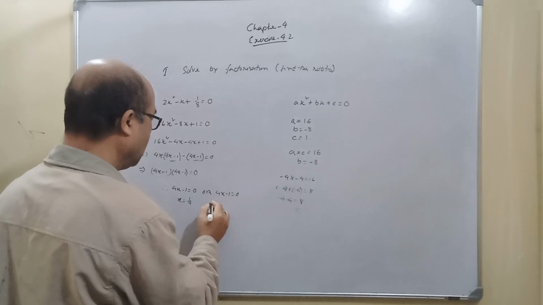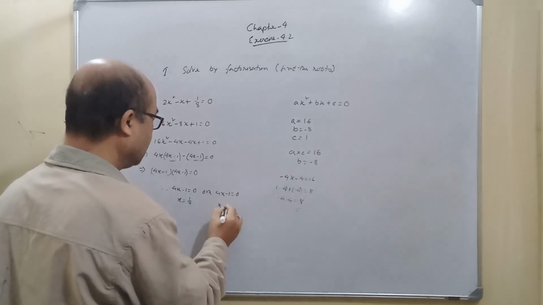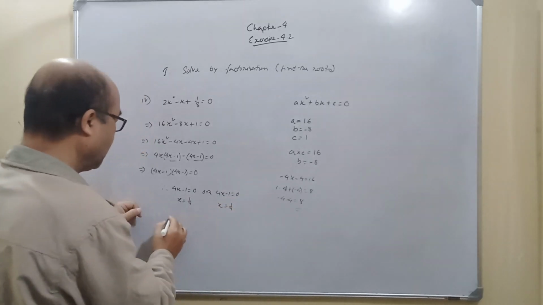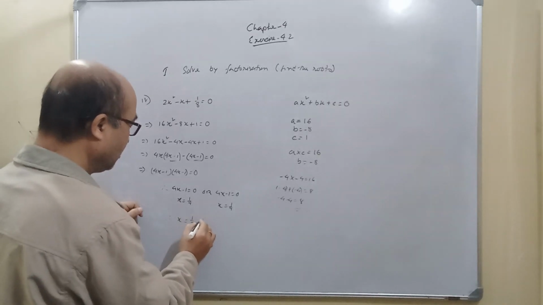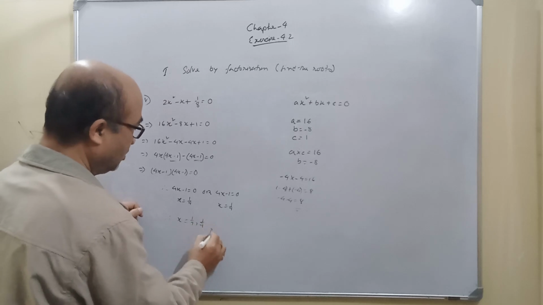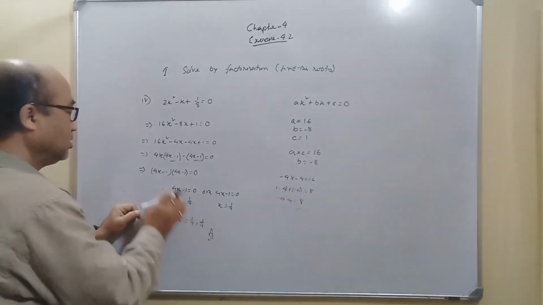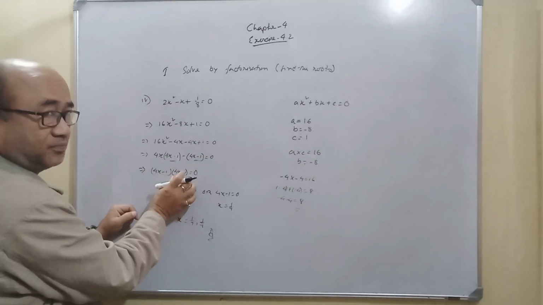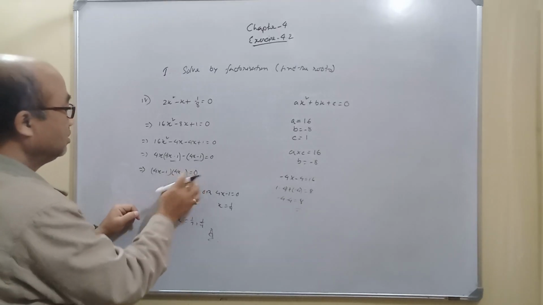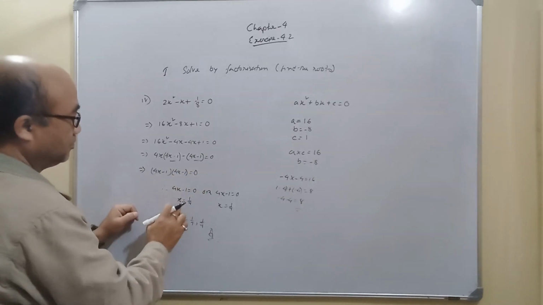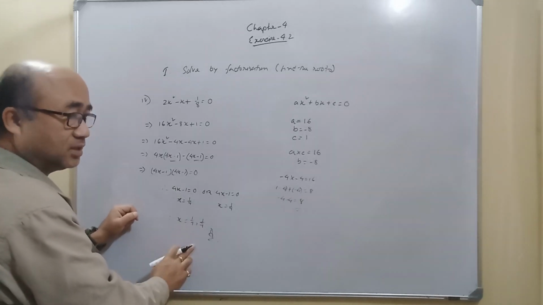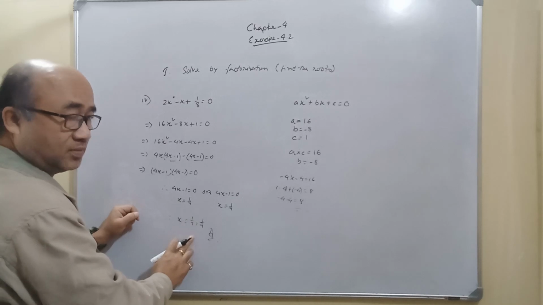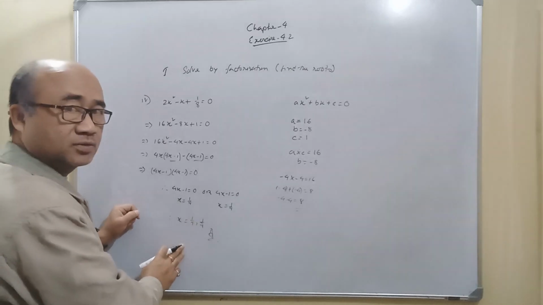Hence x is equal to 1 by 4, 1 by 4. You have to write it twice because there are two factors here and both are equal to 0. Don't write it once. If you write it once, you have to write the explanation also, that it has two equal roots.